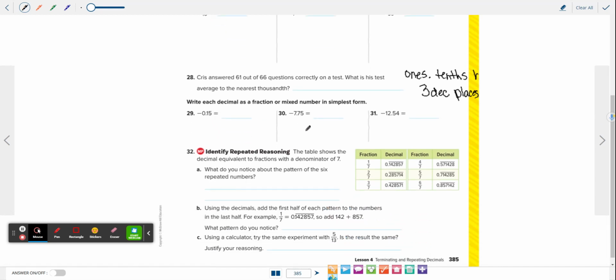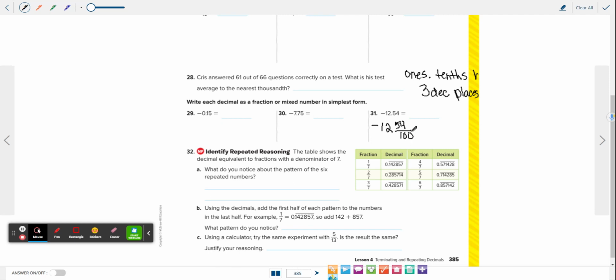So if you remember that, you're going to put them in their place value first. So let me do number 31 with you. Okay, so it is a mixed number. So we have negative 12. That stays the whole number, the number before the decimal. And then 54 is going to go over, this is tenths, hundredths. So it's going over 100. And then you just simplify that. You could divide that by 2, probably by higher numbers.